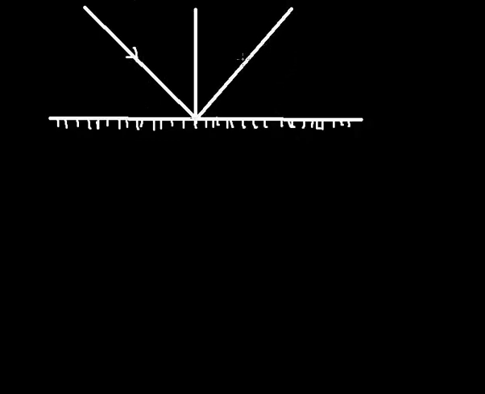I'll use this other line to represent the reflected ray. So this is the incidence ray, and this is the reflected ray. The perpendicular line is known as the normal. This is the normal.